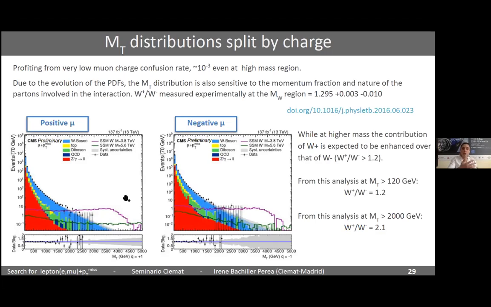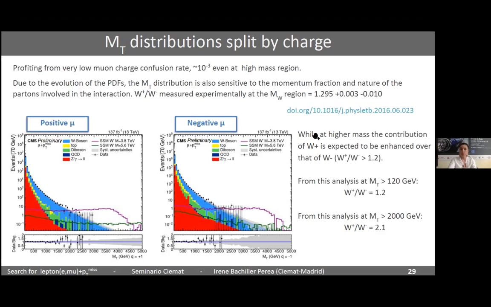Due to the evolution of the PDFs, the transverse mass distribution is sensitive to the momentum fraction and to the nature of the partons that are involved in the interaction. The ratio of W plus over W minus, already measured at the peak of the W, has a value of 1.29.